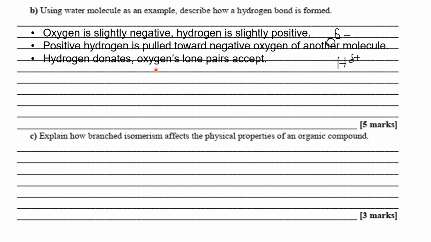The hydrogen donates its electrons, and the oxygen would actually accept the donated electrons. So the molecules now link together through these attractions. So you have a molecule, let's say water, for example. One water molecule.